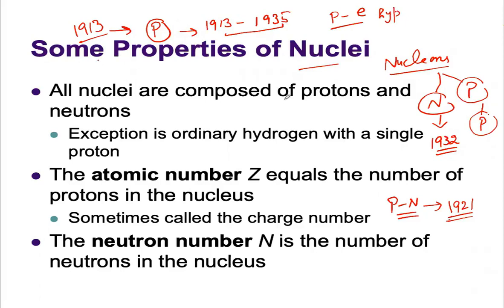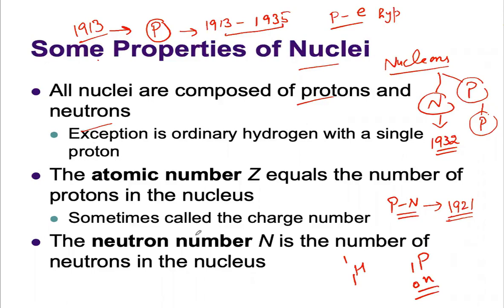Nuclear physics suggests that all nuclei are composed of protons and neutrons except hydrogen, because hydrogen, H1, has only one proton and zero neutrons. Except for hydrogen, in all atoms there are protons and neutrons within the nucleus.